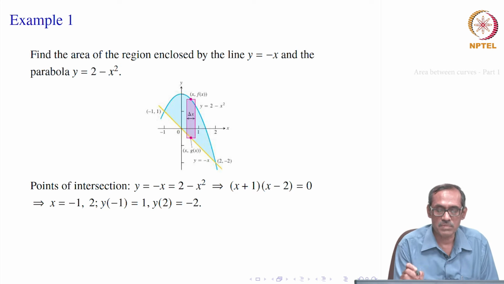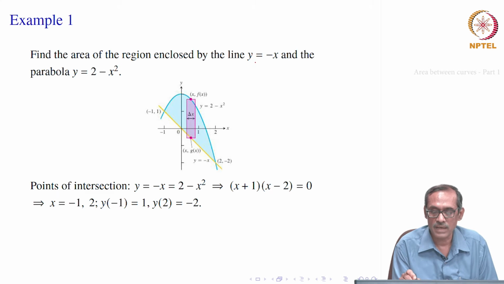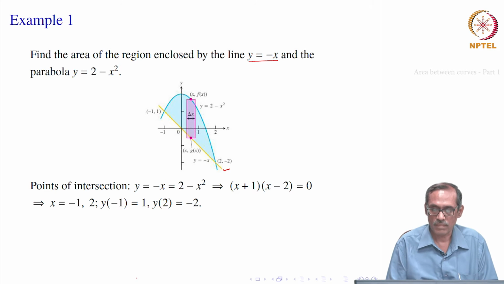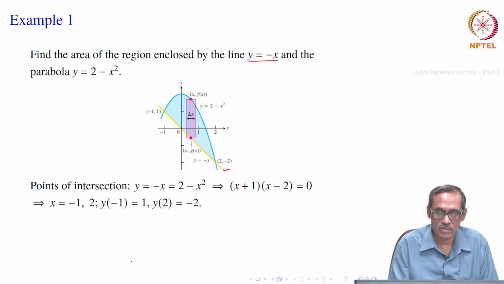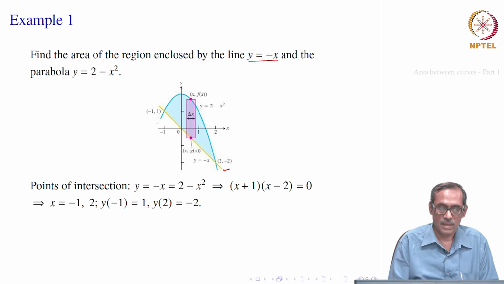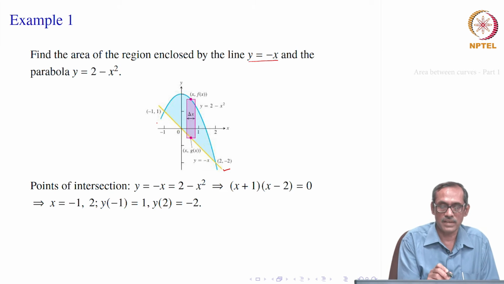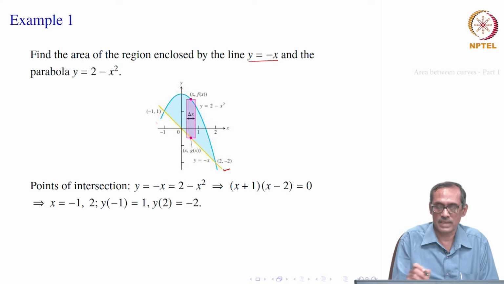Say, find the area of the region enclosed by the line y equal to minus x, which is this line in yellow, and the parabola y equal to 2 minus x square, which is the blue one, and nothing else, no line on the left x equal to a or x equal to b.